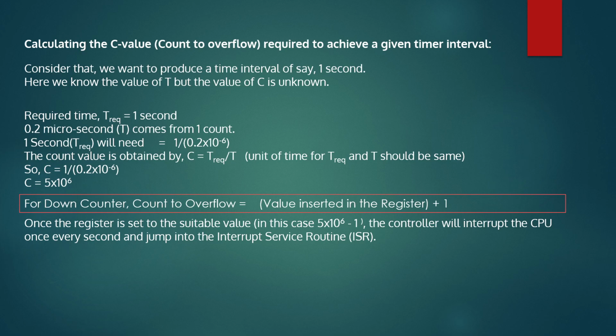Okay, so that means our register value has to be 5 into 10 to the power 6 minus 1, but we can discard the value of 1 because 5 into 10 to the power 6 is quite a large value compared to 1.